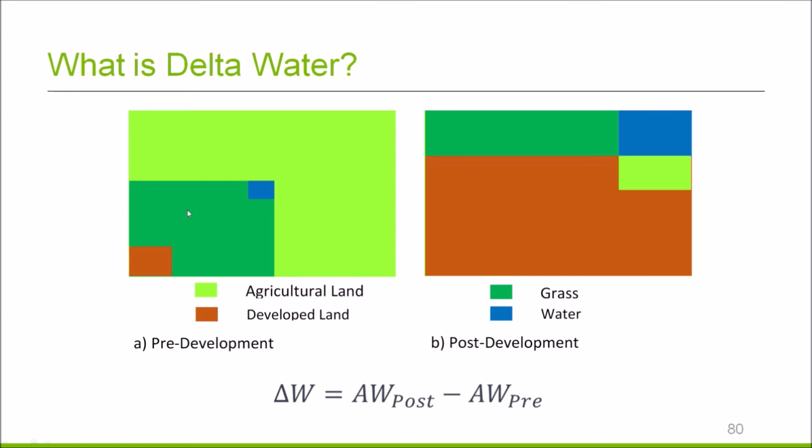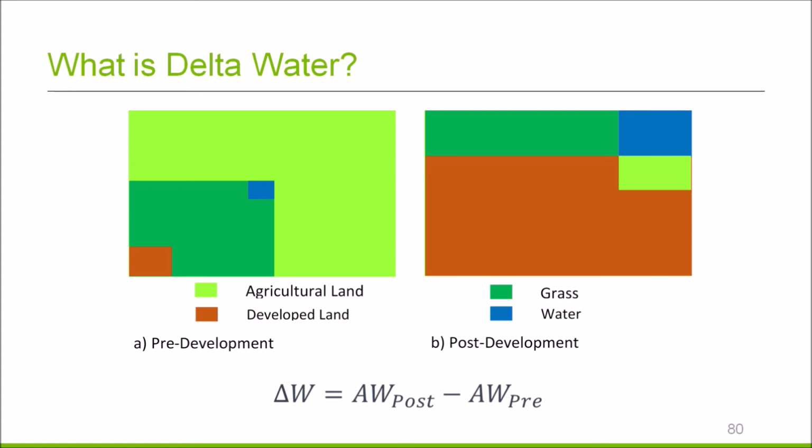Now look at the right side. Now you're paving a lot of those areas with roads, roofs or parking lots, things like that. And what happens when the same precipitation falls on the right side?